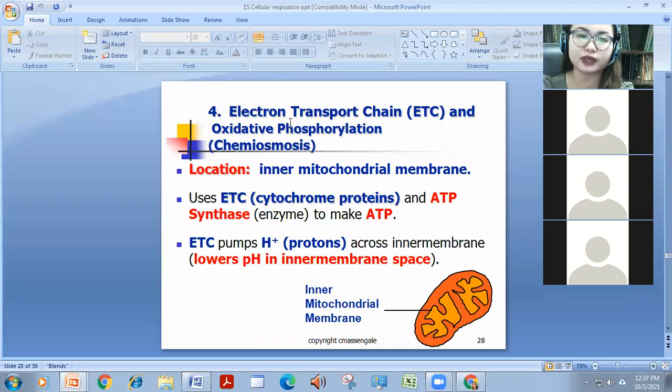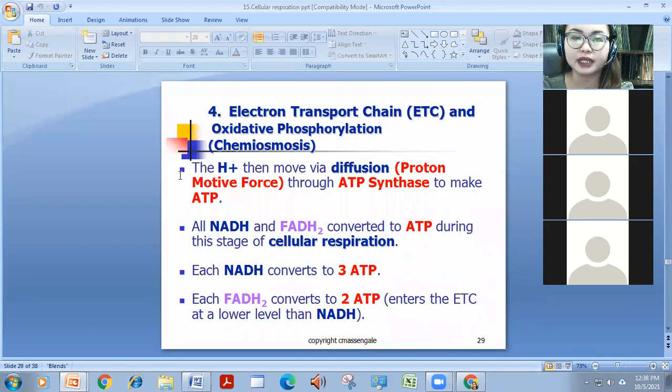And lastly, the electron transport chain and oxidative phosphorylation, or chemiosmosis, is done in the mitochondrial membrane. This uses cytochrome proteins, ATP synthase, and enzymes to make ATP. In the ETC, hydrogen protons are pumped across the inner membrane, then the pH inside the membrane lowers. Then the hydrogen ions move via diffusion, the proton motive force, through ATP synthase to produce ATP.